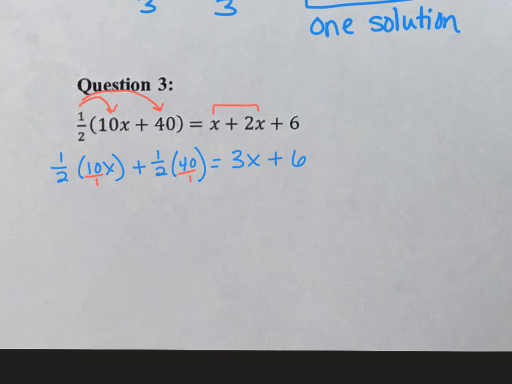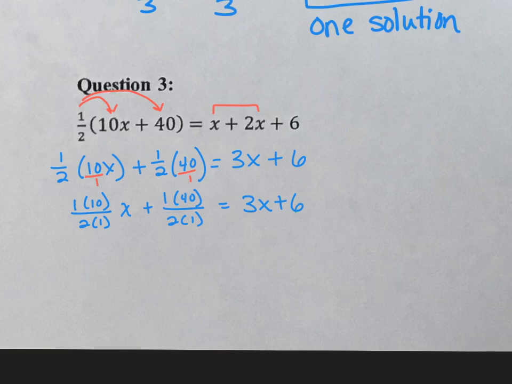With my fractions, I multiply across the top for my operations. So I have 1 times 10 over 2 times 1x plus 1 times 40 over 2 times 1, and then that's equal to 3x plus 6.